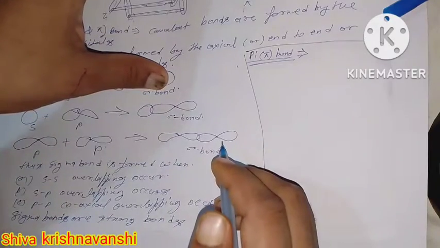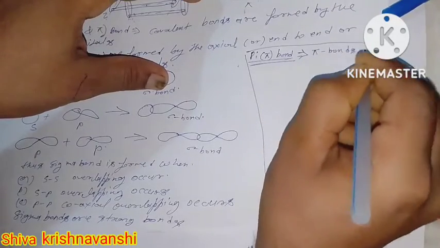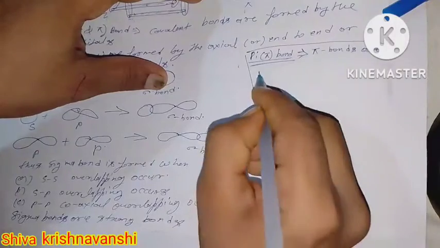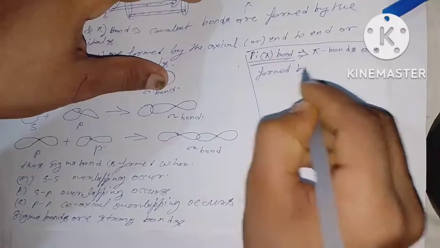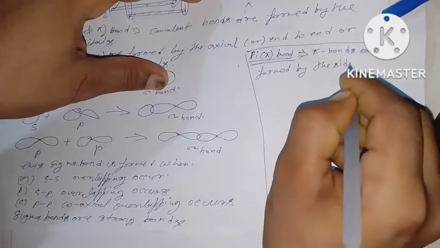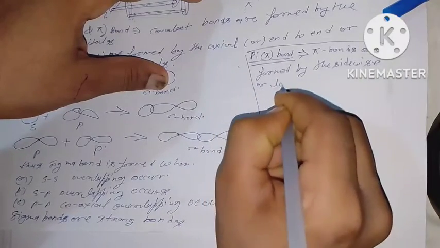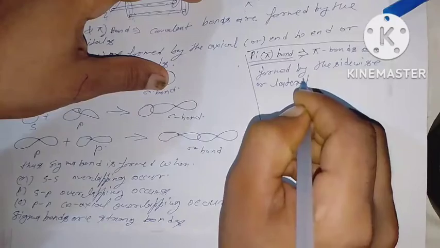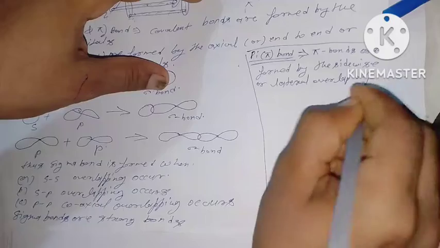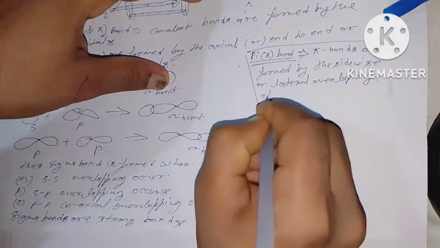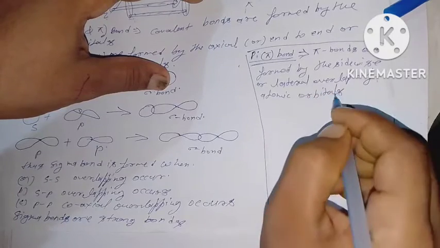Pi bonds are formed by the sidewise or lateral overlap of atomic orbitals.